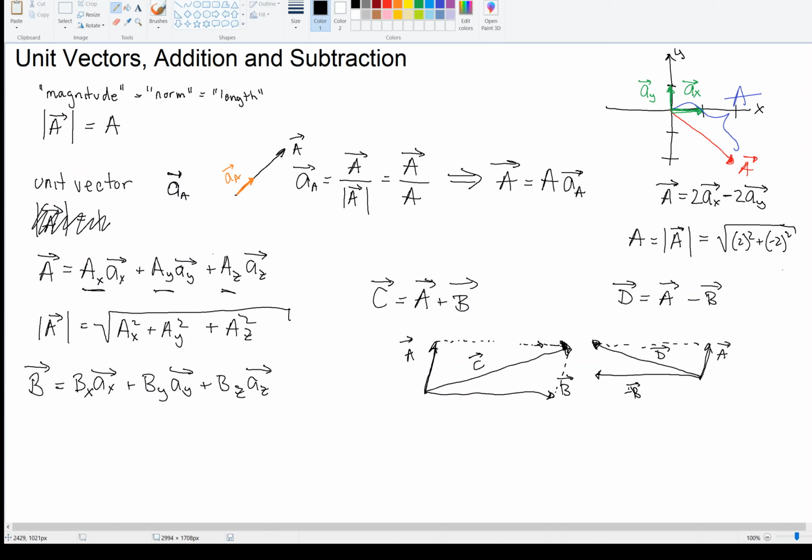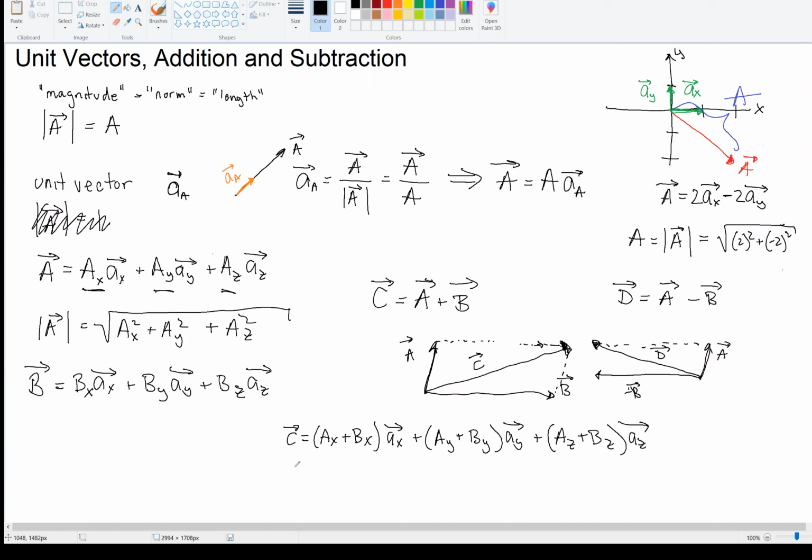Okay, so all of that is to say, in addition, we add the components. So we took A with B here, and so we added the components. So we took Ax plus Bx in the x direction. Then we took Ay plus By in the y direction, and Az plus Bz in the z direction.